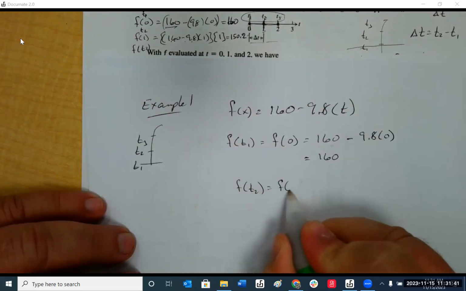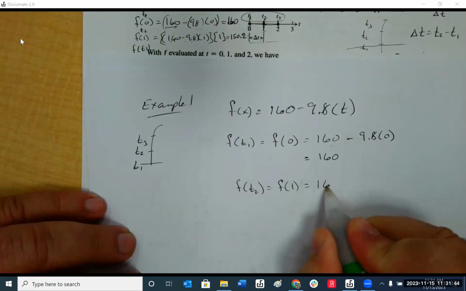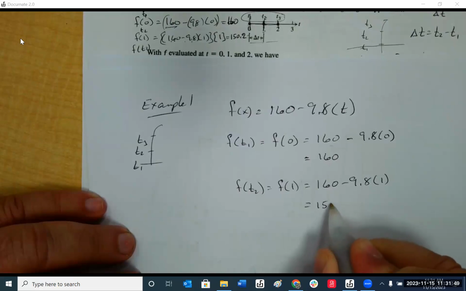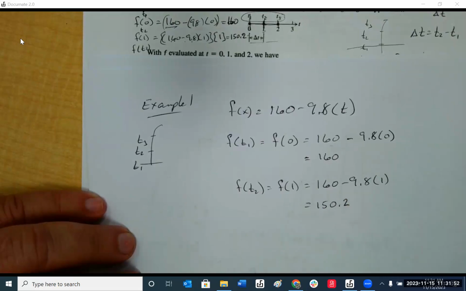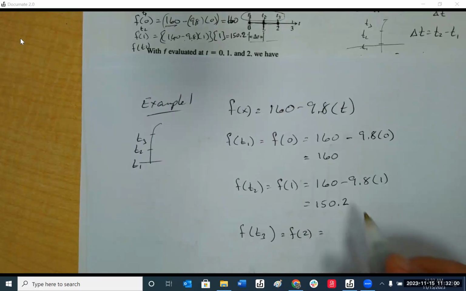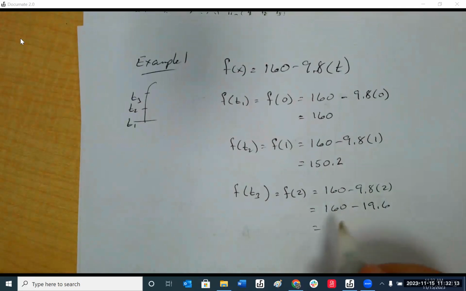T2 is at time 1. T3 is at F of 2. 160 minus 19.6 is 140.4.